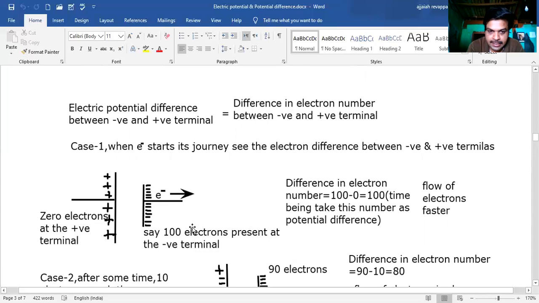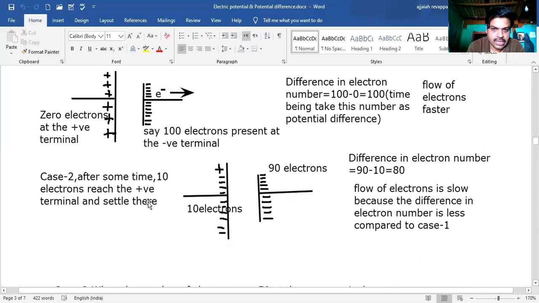It is 100 at the negative terminal minus 0 at the positive, which is equal to 100. So the potential difference is now 100, because I have taken potential difference to be the difference in electron number. So it's a big number. If the potential difference is very huge, electrons move very fast.